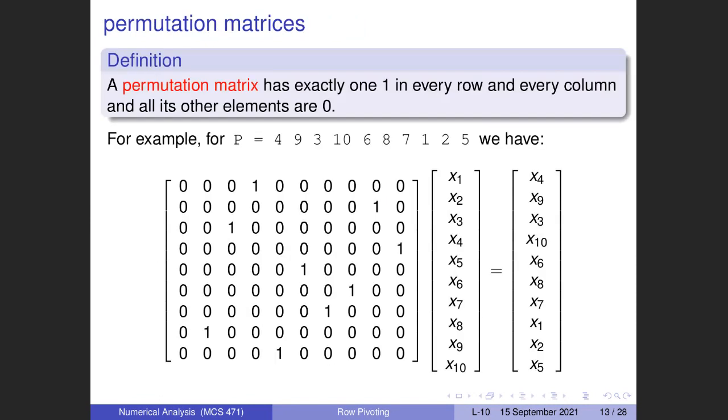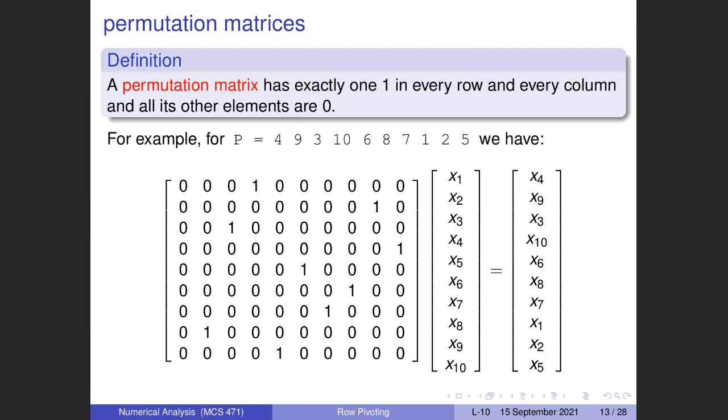Here is a little bit in greater detail what the permutation matrices are doing. A permutation matrix is represented by a vector in shorthand notation, but in general, a permutation as a matrix is a matrix where there is exactly one 1 in every row and in every column.